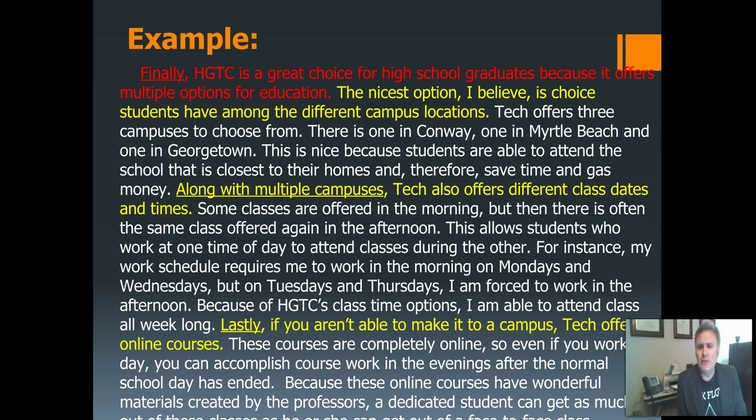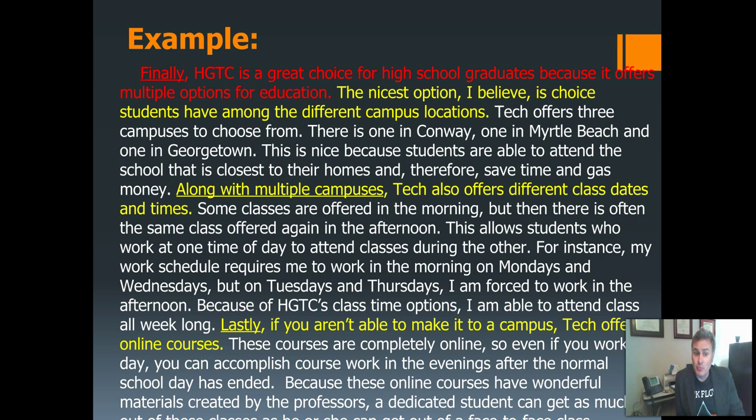So let me just show you in this really basic paragraph of an essay what this might look like. Notice that the topic sentence clearly lets me know not only what this paragraph is going to deal with, but it also reminds readers what the claim for the entire paper is.